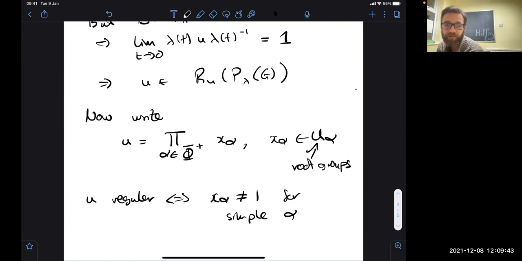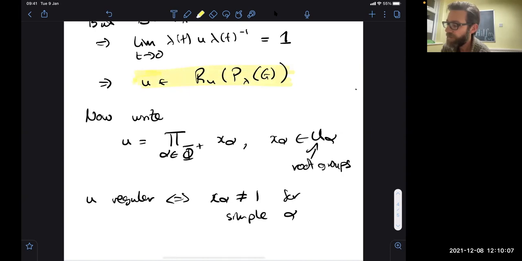Okay, so I've chosen some system of roots. I'm sort of implicitly choosing a Borel subgroup here, basically. And you recognize the regular unipotent elements should have non-trivial contribution from each of the simple root groups. But that says this U is now lying in the unipotent radical of this parabolic.